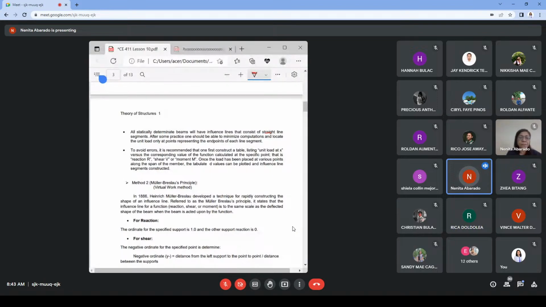And to avoid errors, it is recommended that one first construct a table listing unit load at X versus the corresponding value of the function calculated at the specific point, and that is the reaction R or the shear V or moment M. So once the load has been placed at various points along the span of the member, the tabulated values can be plotted and influence line segments constructed. Let's say, for example, so mag-example tayo, no?